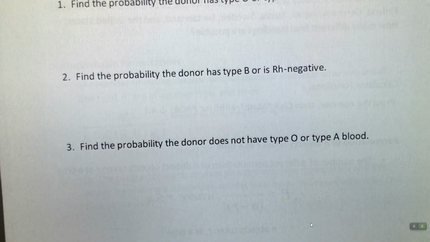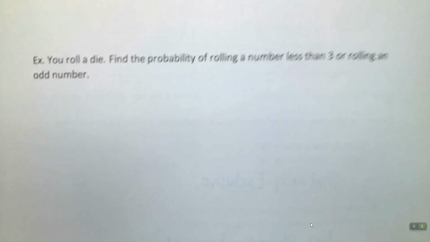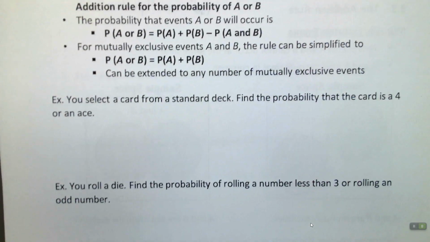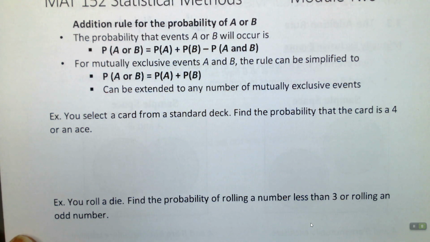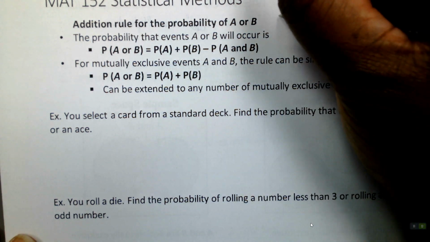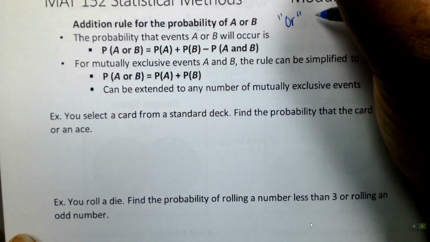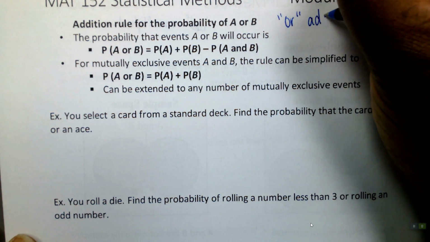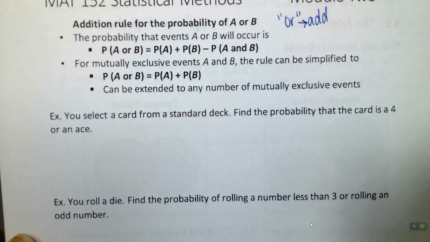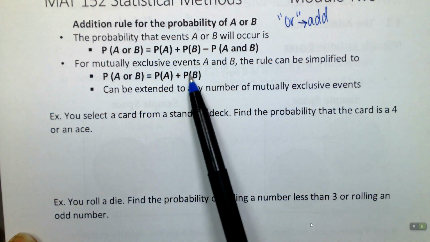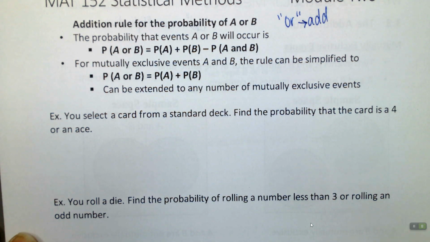Alright, so let's talk about the addition rule. How does this work when we're actually working our problems? The addition rule for the probability of A or B. Now or means we're going to be adding. We're going to add all of our probabilities together when we have mutually exclusive events.